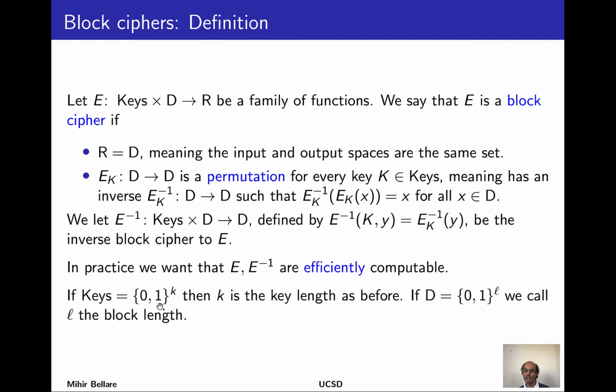And recall that usually the set of keys is a set of strings of some length k, which is the key length, and often also the set of inputs and hence also outputs is the set of strings of some other length. And here we call that the block length, and that's kind of where the name block cipher comes from.